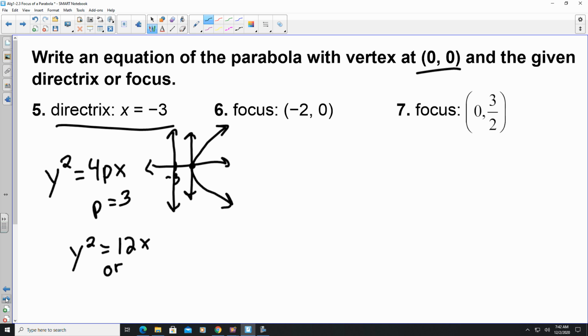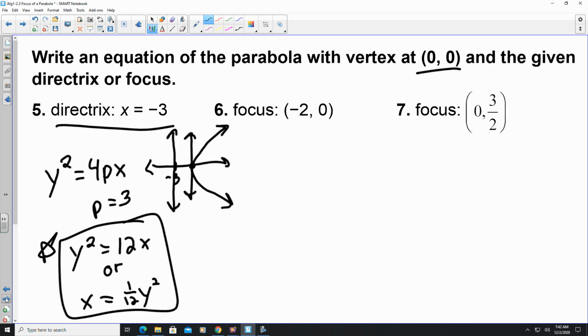Or you could write it as x equals 1/12 y squared. Either or. I like this one the best, but our textbook has you using this one, but either one works.